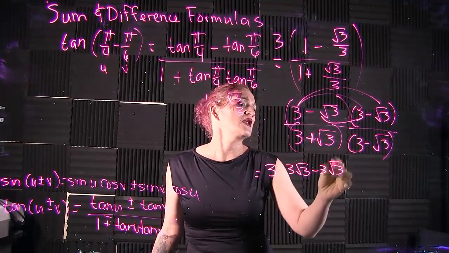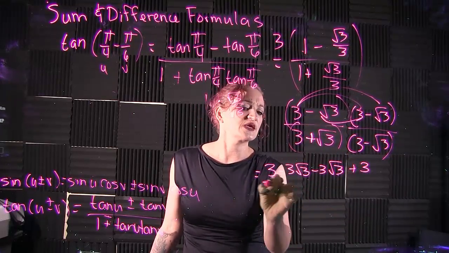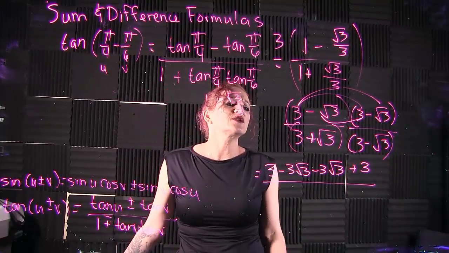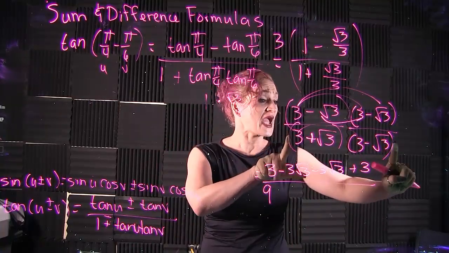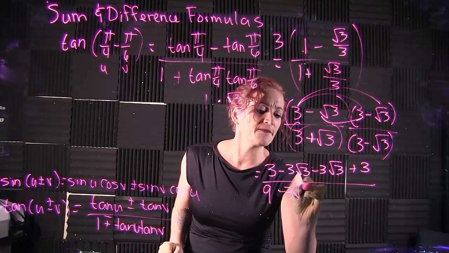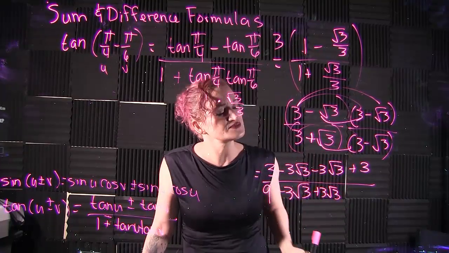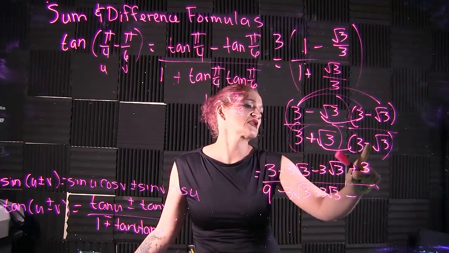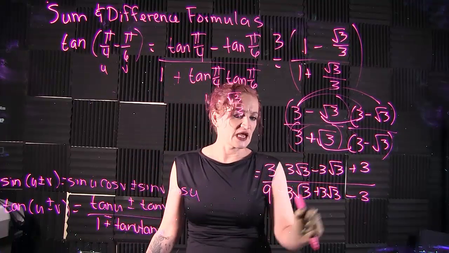And then here multiplying the end, negative times negative is positive. Square root of 3 times square root of 3 is a 3. Multiplying the denominators, 3 times 3 is a 9. Here we'll get a negative 3 square roots of 3, and then we'll get a positive 3 square roots of 3. And our last multiplication is going to give us, well, plus times minus is negative. Square root of 3 times square root of 3 is a 3.